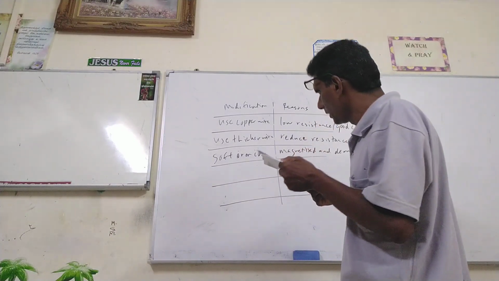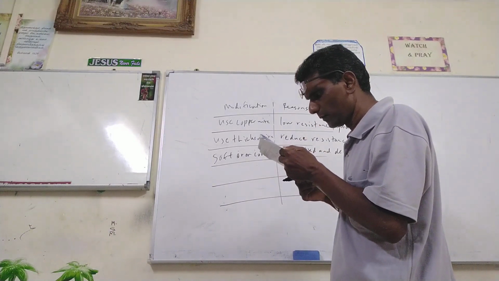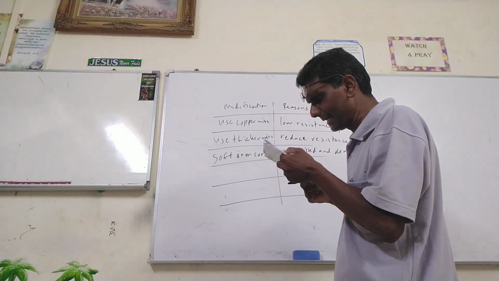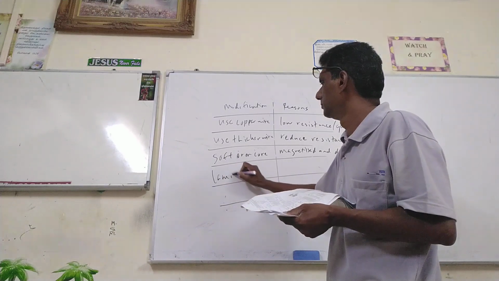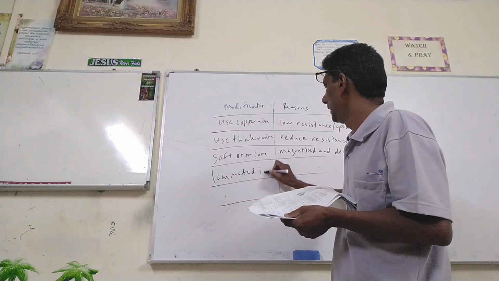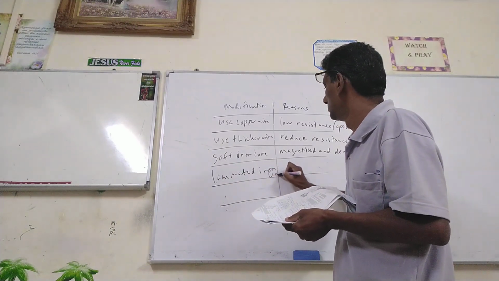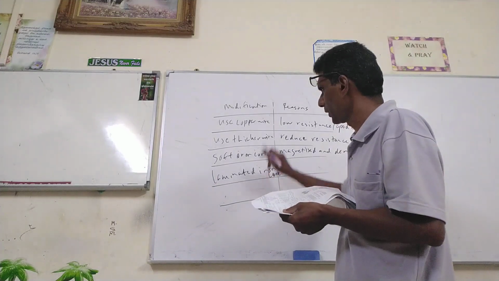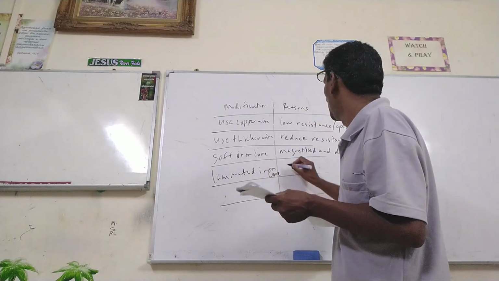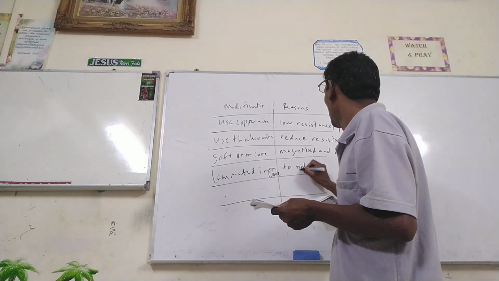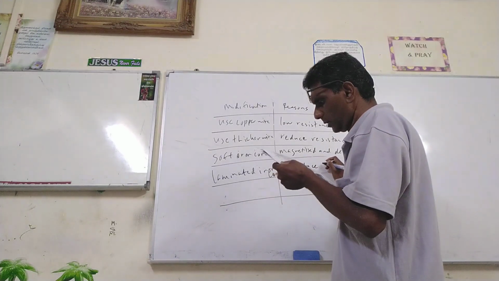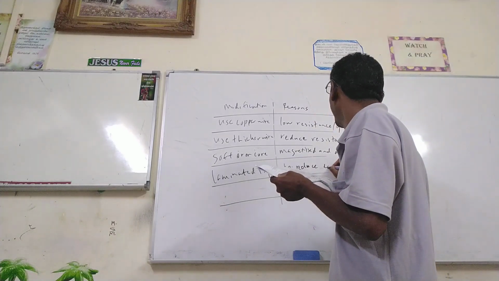And the fourth one, the characteristic of the core. It must be a laminated iron core. Laminated iron core, characteristic of the core, to reduce eddy current.